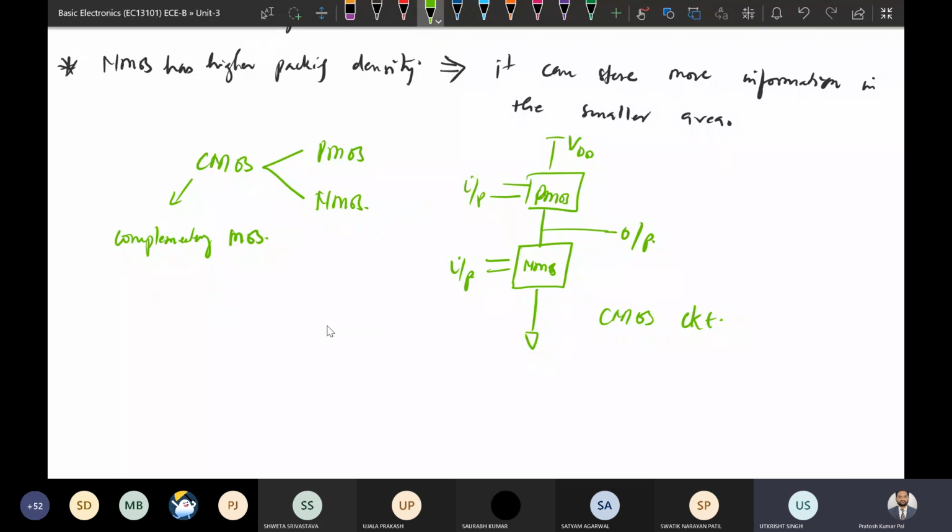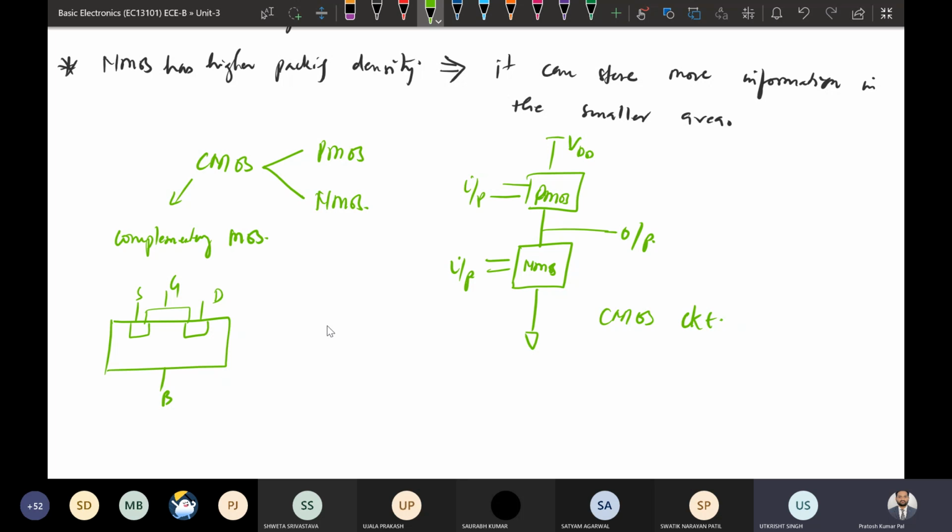This is in terms of circuit. In terms of device, we talk about PMOS. Suppose this is a MOSFET, so only a single MOSFET is there here. This is the gate, this is the drain, this is the source, and this is your body terminal.